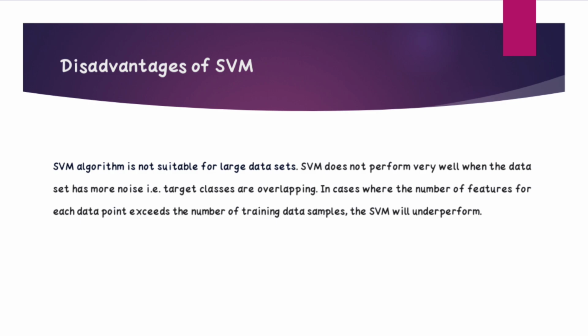In cases where the number of features for each data point exceeds the number of training data samples, SVM will underperform. The disadvantage of SVM is that it cannot perform on large data. It can perform only on simple data, and the data should be small.